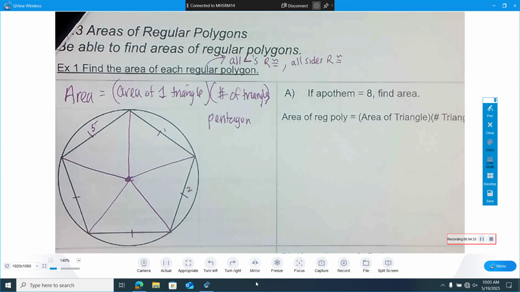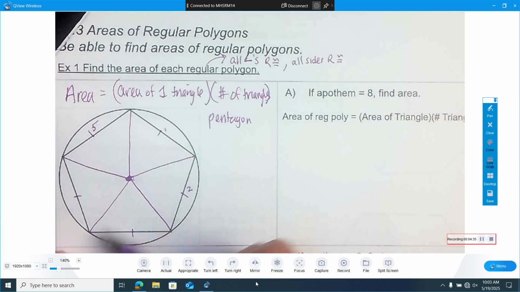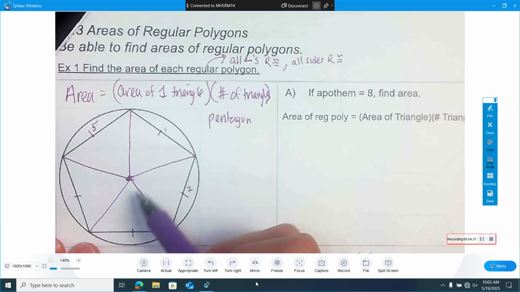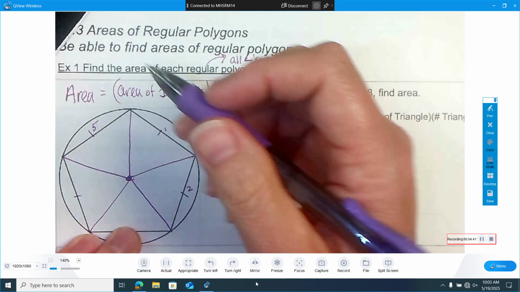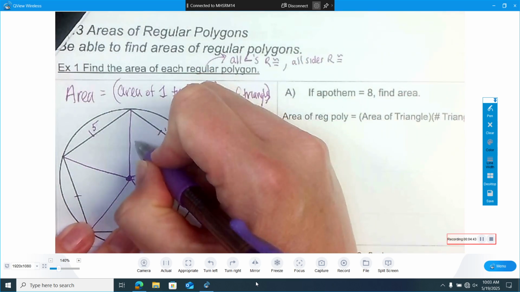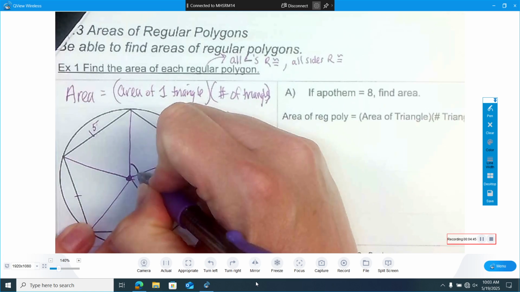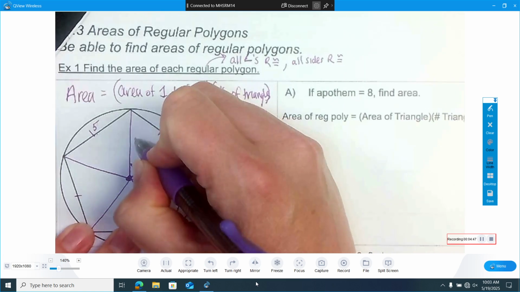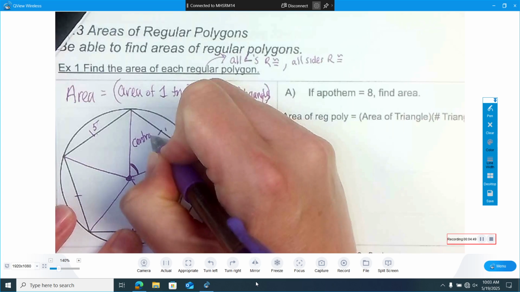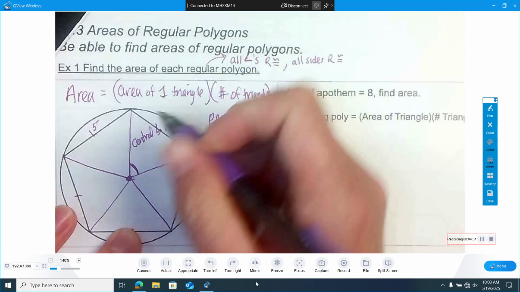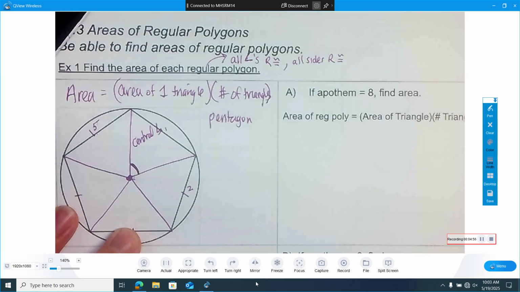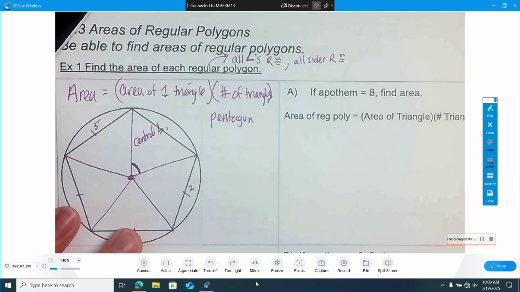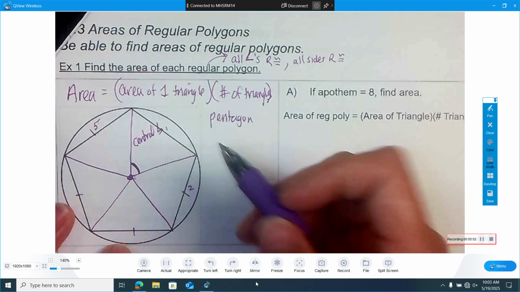And so I need some information now to figure out how to find the area of this triangle right here. First, I'd like to find the measure of the top of this triangle, which is called the central angle. How are we going to figure out how many degrees this little central angle is? 360 degrees, that's true.